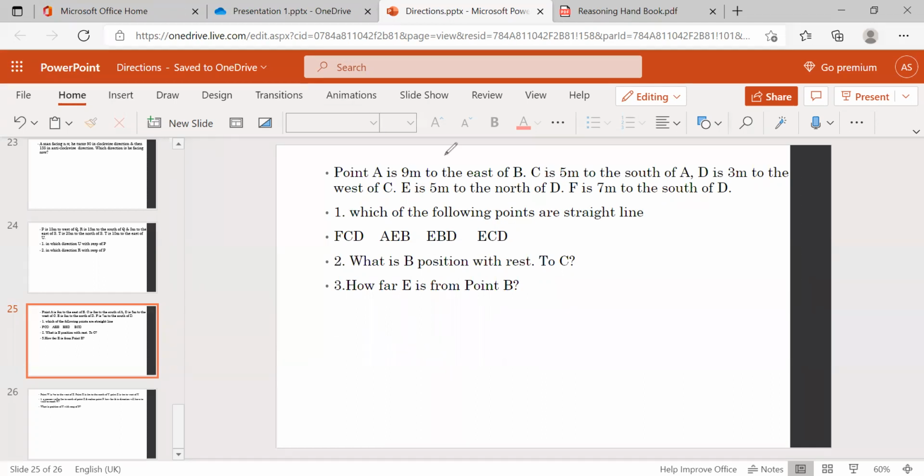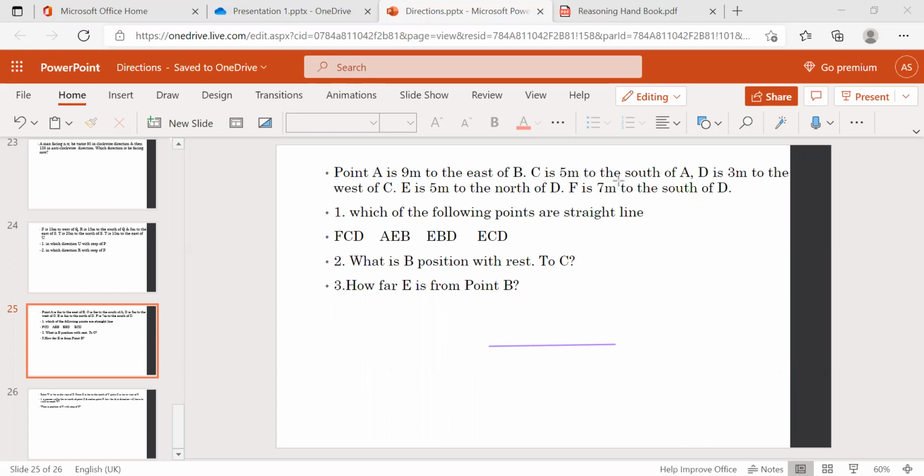So A is 9 meters to the east of B. So A is here, B is here.